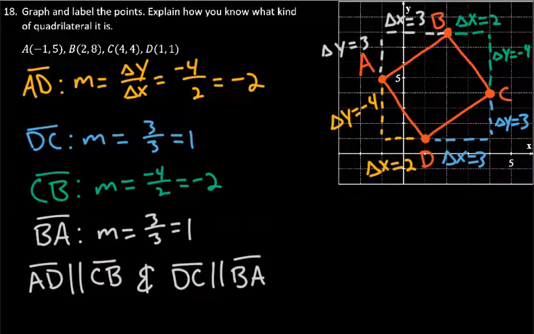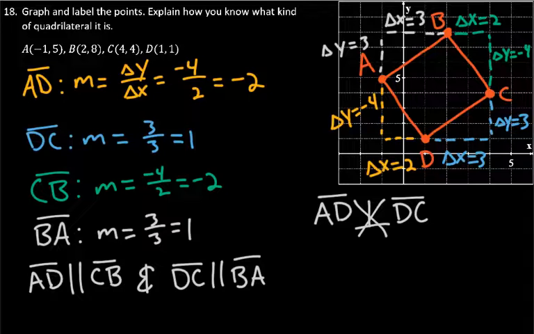However, it is important to note that side AD has a slope of -2, and side AD meets up at a corner here with side DC, and the slope -2 is not opposite reciprocal to the slope of 1, so AD is not perpendicular to side DC.